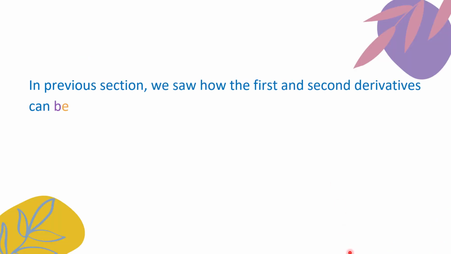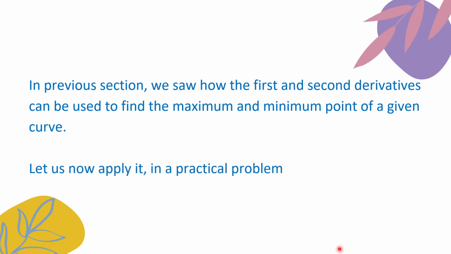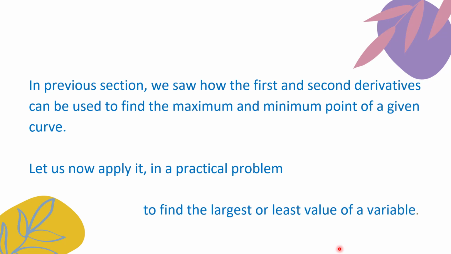In the previous section, we saw how the first and second derivative can be used to find the maximum and minimum point of a given curve. Let us now apply it in a practical problem, and relate it to finding the largest or least value of a variable.